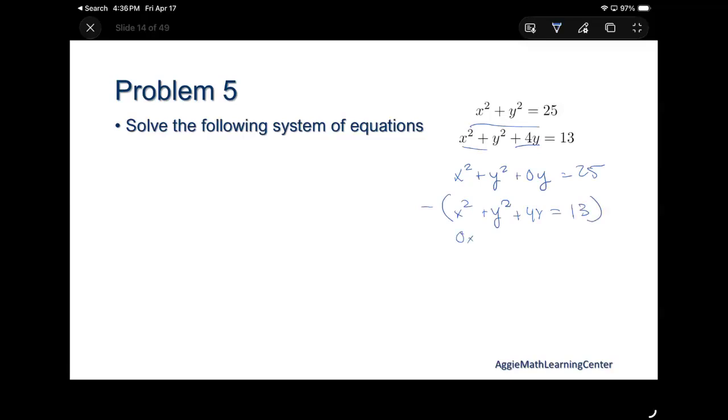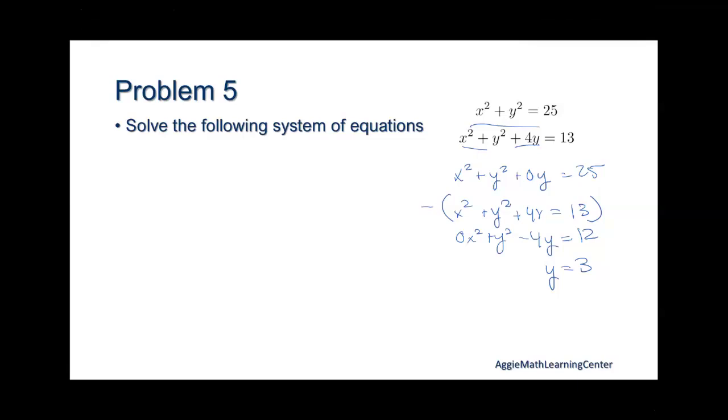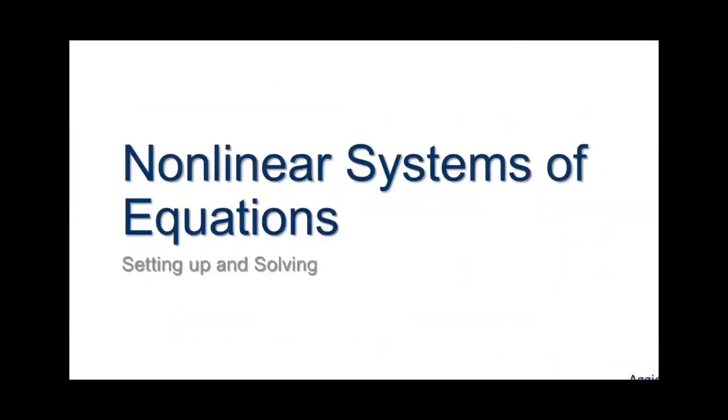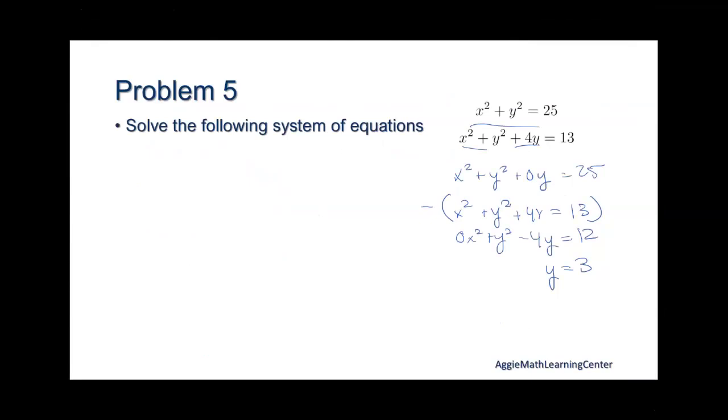And that gives me 0x squared plus 0y squared minus 4y equals 25 minus 13, which is 12. And then y equals 3. That's not necessarily all that y is going to equal, but we can use that moving forward. Isn't it going to be negative 3? Dividing by negative 4, you're right. Negative 3. Okay.